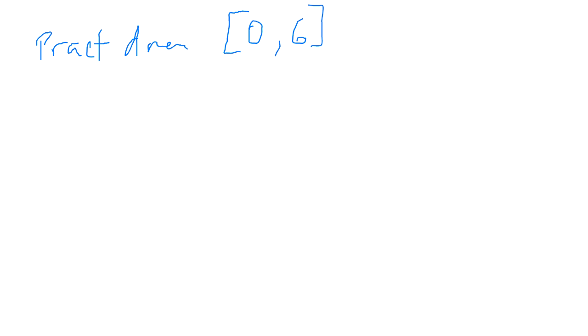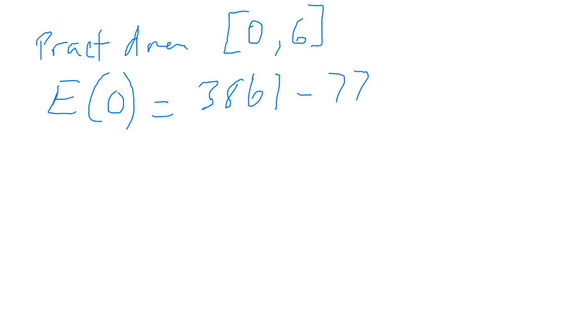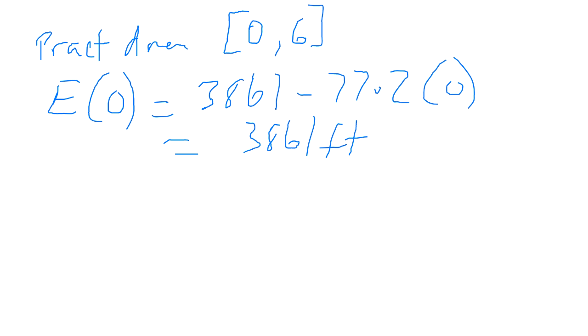So E when t equals 0 is 3861 minus 77.2 times 0, which equals 3861. That we already calculated. And remember, this is the y-intercept, because x equals 0. So we have 0, 3861, and that is what we calculated first for A.